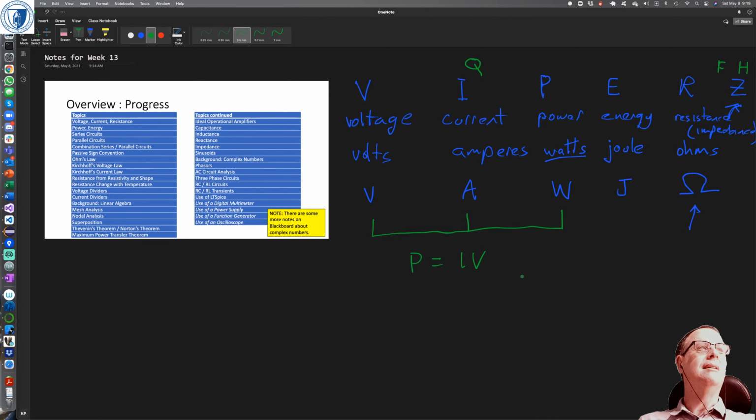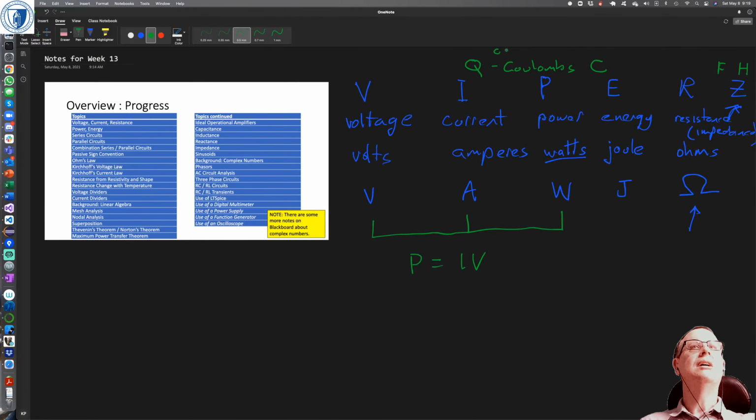If you integrate a current, you get the total charge, and the unit there is coulombs, and I should say it's charge, and the symbol is capital C.